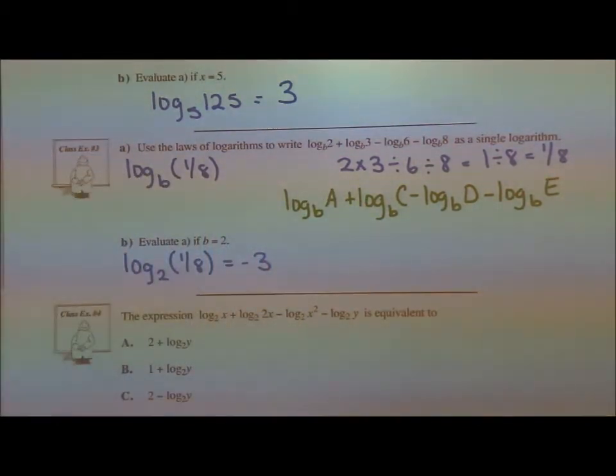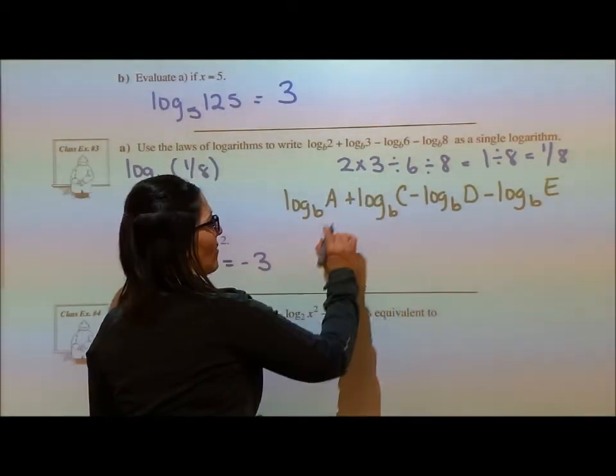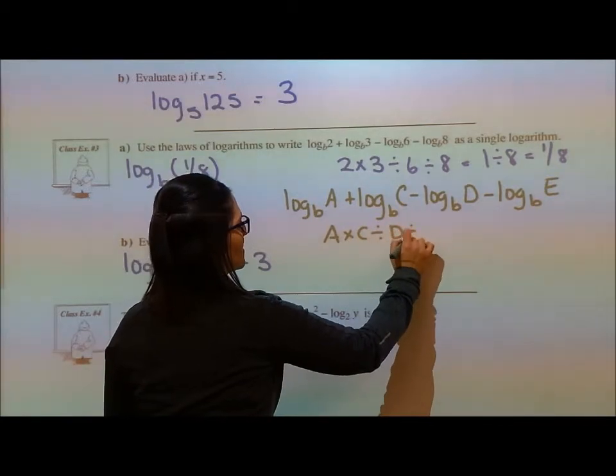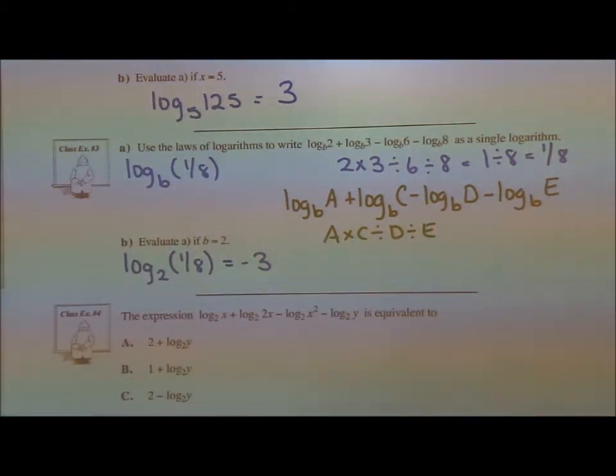So it's the exact same thing that we had before, only now I have variables all the way through. If we did what we had done above, a times c divided by d divided by e, which causes a problem because I can't simplify that. I can't write it as a single log because of those two divisions.